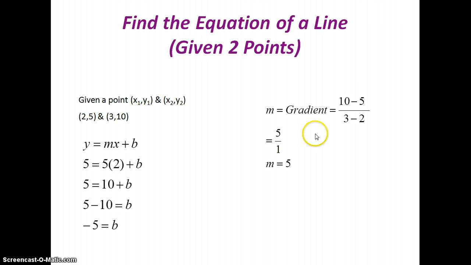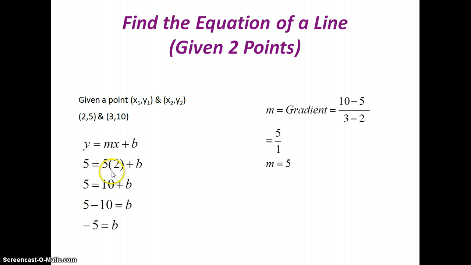which we got by doing y2 minus y1 divided by x2 minus x1. So our gradient is 5, times 2, which is the x coordinate of your first point, plus b, because at this point we don't know where the y-intercept is.